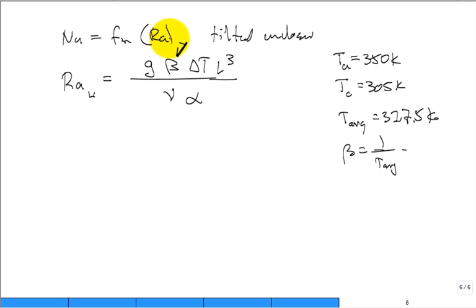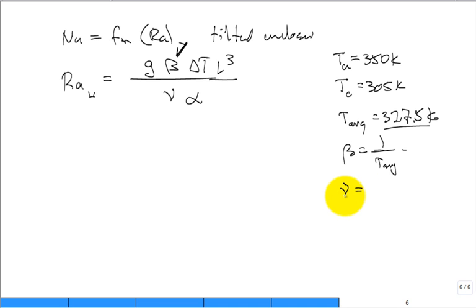What was the name of beta? Yeah, volumetric expansion coefficient, true? Okay, and for an ideal gas, like air, it's 1 over the absolute temperature. Okay, then we go ahead and get nu at that average temperature of around 330 Kelvin, 1 atm pressure.